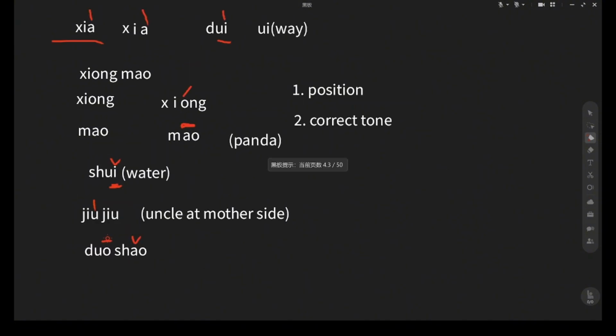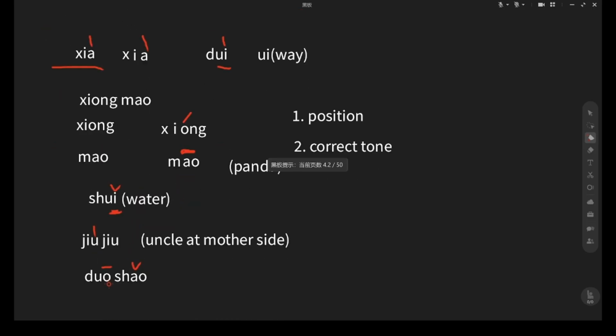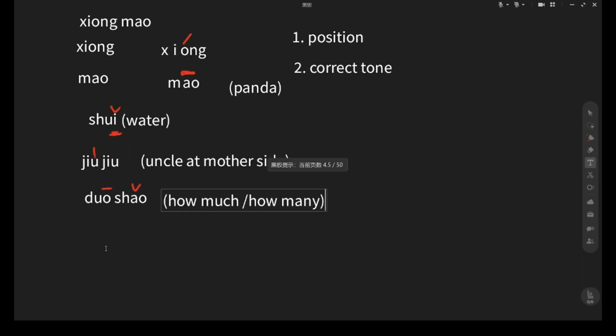This O is in front of U, right? 少, third tone. 多少 means how much? How many? 多少 money, right? 多少 money, okay? So, next one.